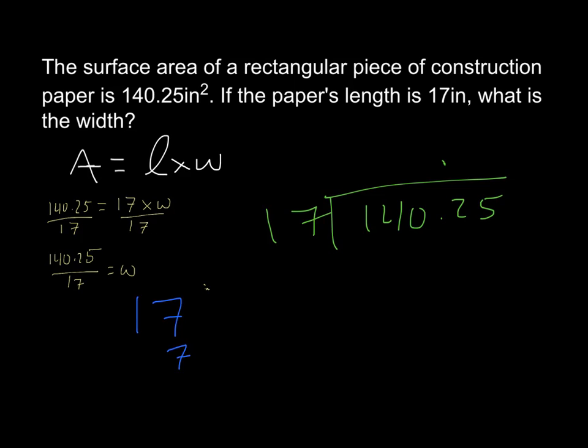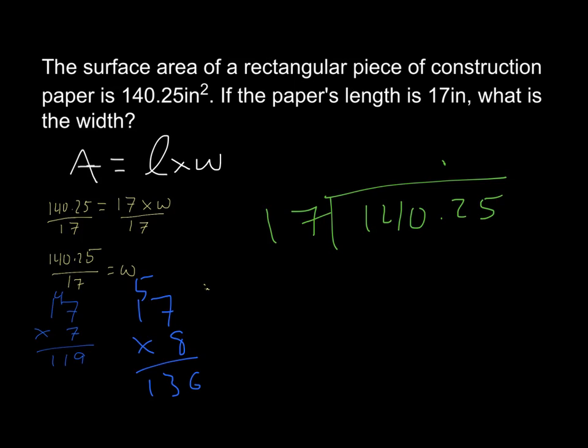And 17 times 7 takes me to 119. Now I know that 17 can go into that at least one more time. So we're going to try 17 times 8 and see if that gets me closer. 136, and that does.